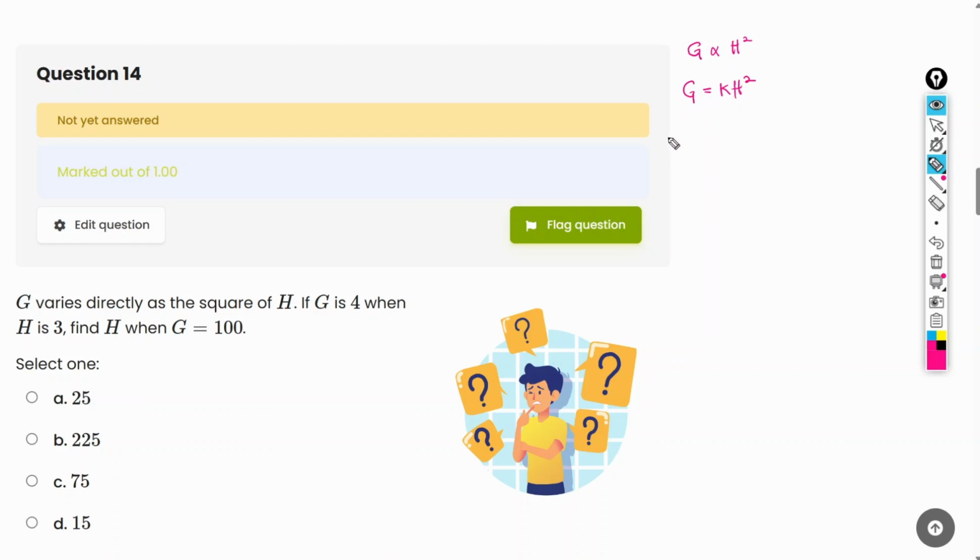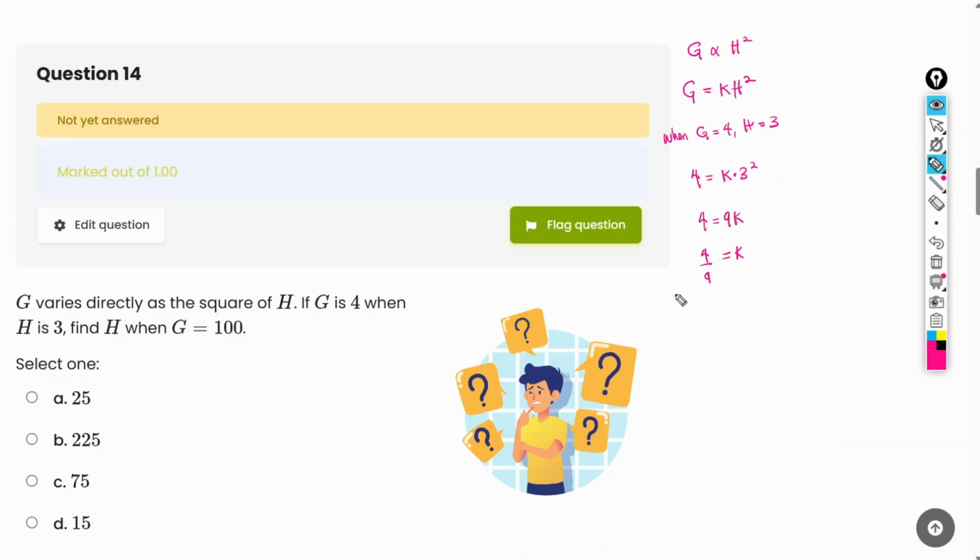Next we need to solve for K. When G is equal to 4, H is equal to 3. So we can substitute these in to get our value for K. We have 4 is equal to K times 3 squared, so 4 is equal to 9K. That means K is equal to 4 over 9.